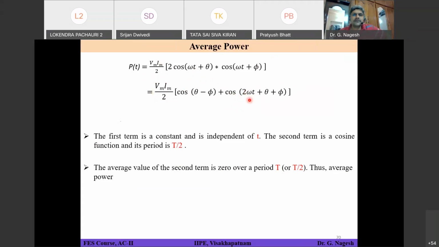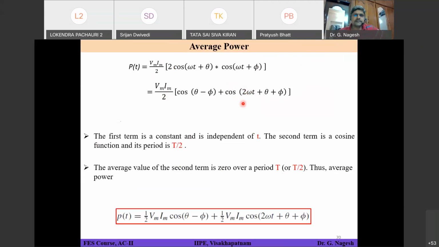Here it is double. The frequency for voltage is omega, but in the second term you are getting a frequency of 2 omega. So the frequency is double and the time period is half.